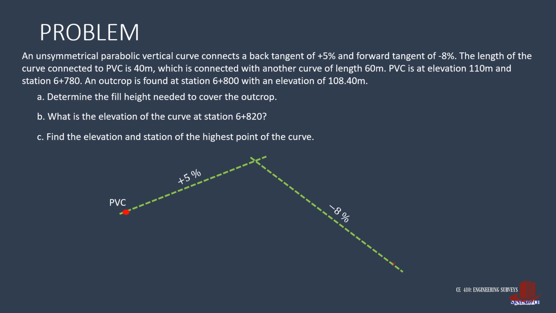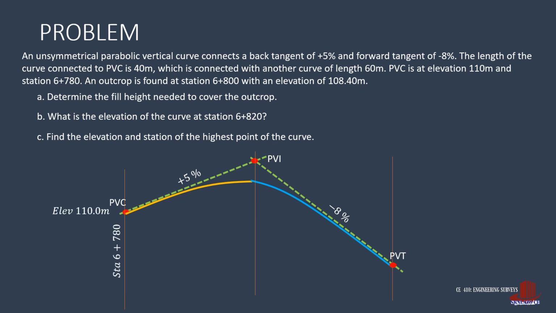Illustrate the unsymmetrical curve again, starting with the back and forward tangents of positive 5 and negative 8%. There is a different curve from PVC to PVI, and another curve from PVI to PVT. The other details are for PVC.